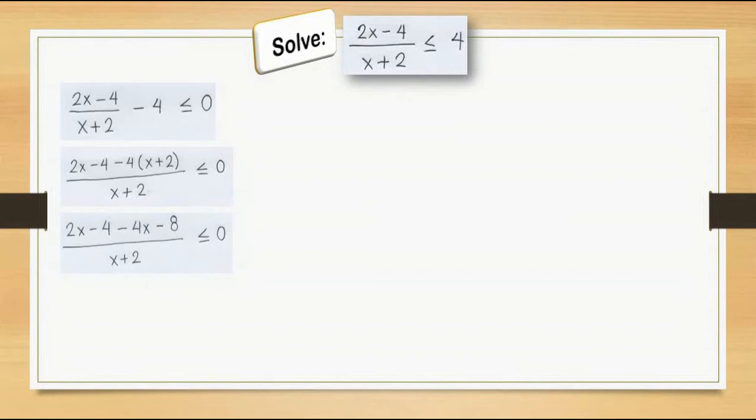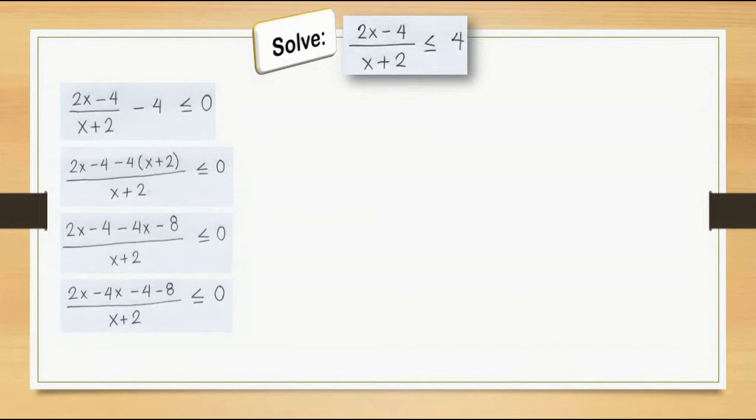After that, we rearrange to (2x minus 4x minus 4 minus 8) over (x plus 2) is less than or equal to 0. That is because we're going to combine like terms.